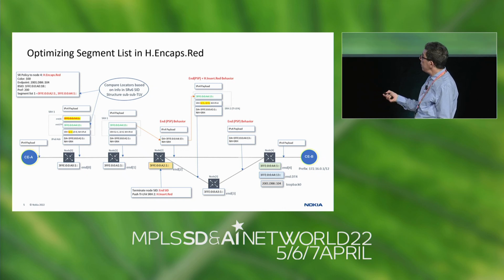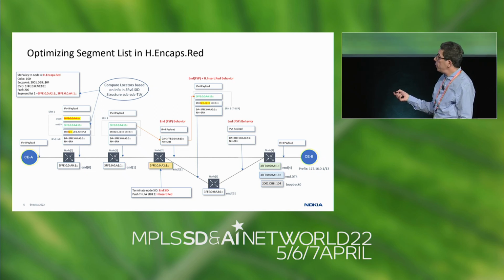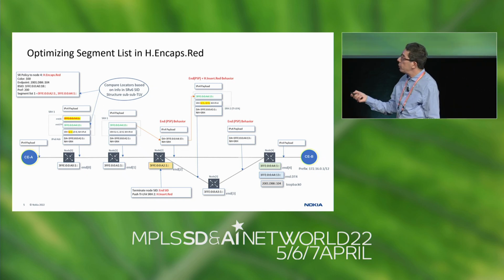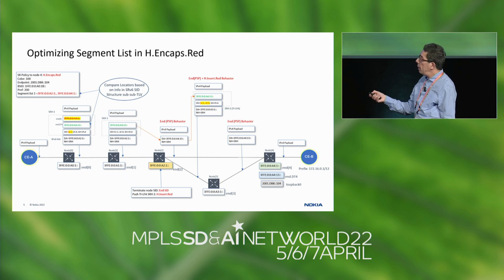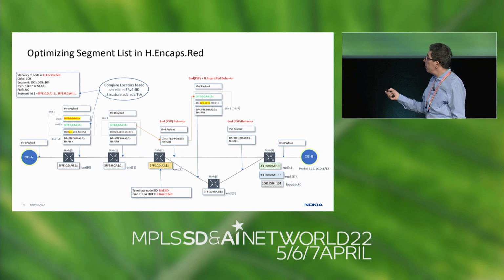So here the underlay and overlay are using basically the same locator, which is a good thing because then we could optimize further the segment list here on ingress, and we could suppress the node SID of node 4 because the service SID, which comes from the same locator, is sufficient to give us reachability to the destination node.